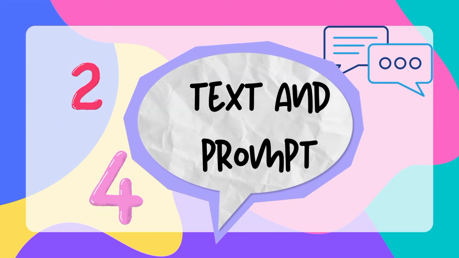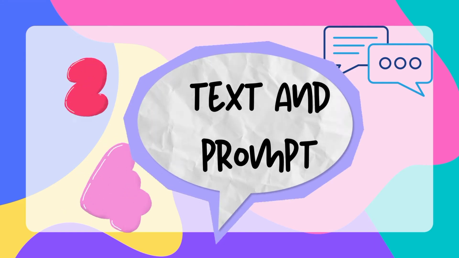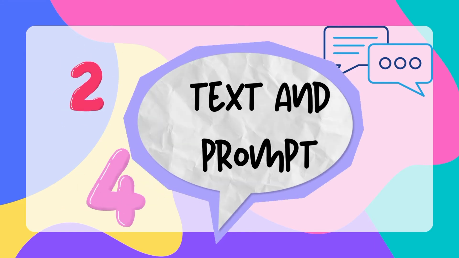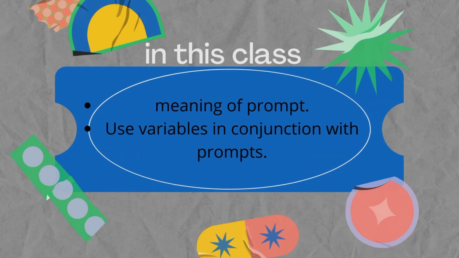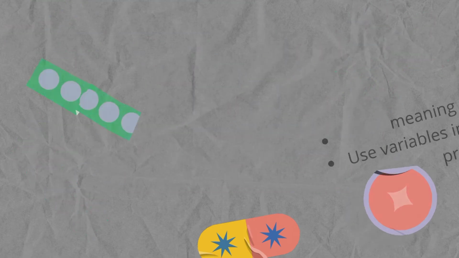So if you are keeping a file or storing information, you should put it in a labeled form. In this class, we will only look at the meaning of prompt and how to use variables in conjunction with prompts. Now, this class is a practical activity class. That means we will be using Code Studio to also learn how to use prompts.